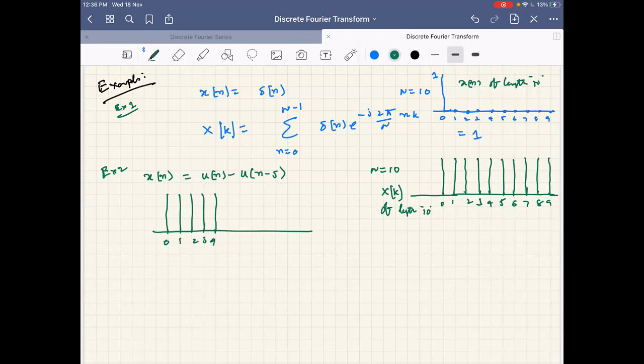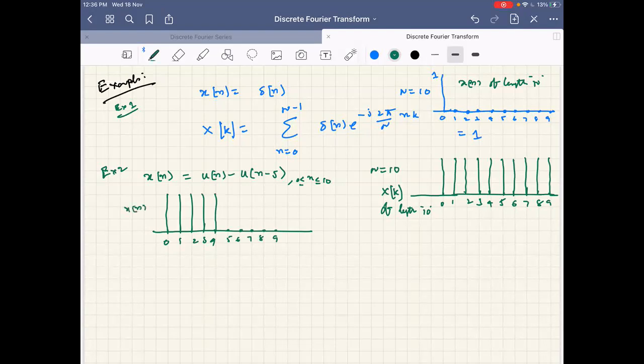And say we say that n equal to 0 to 10. Again take length 10. You can also take length 4, but let us take length 10, with n equal to 5, 6, 7, 8, 9 as zeros. This is the sequence x of n.